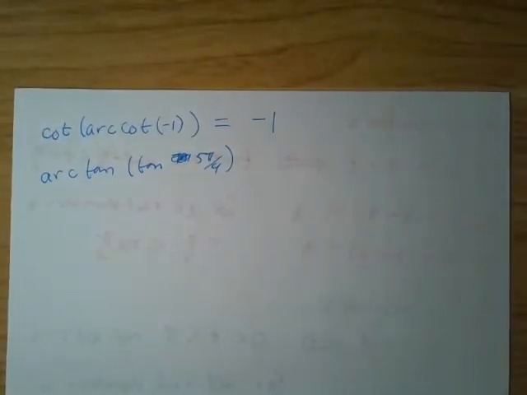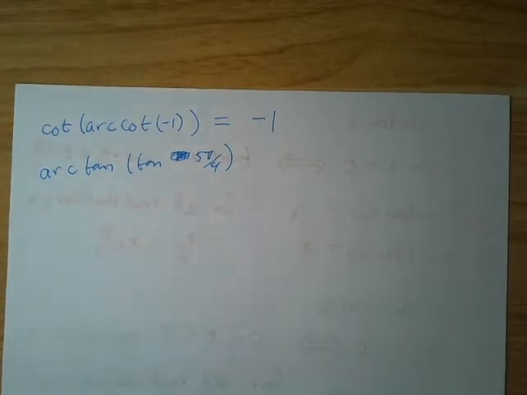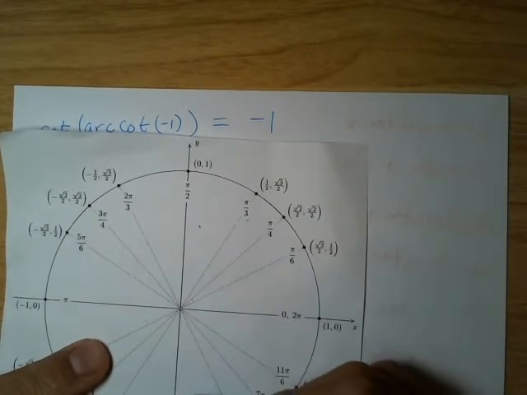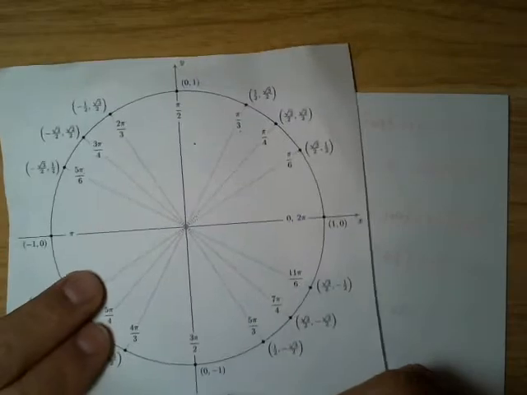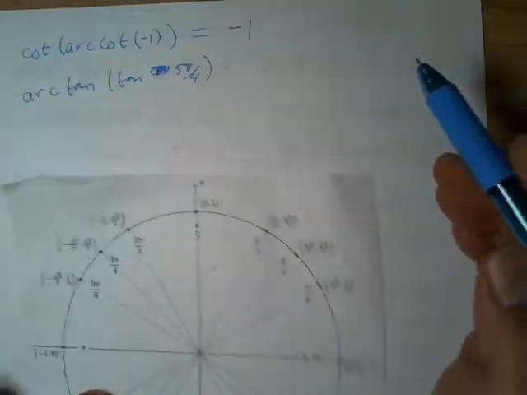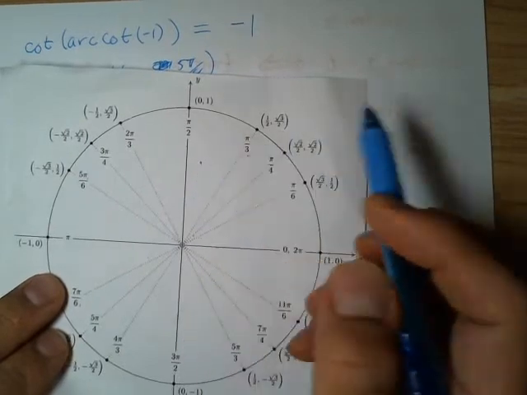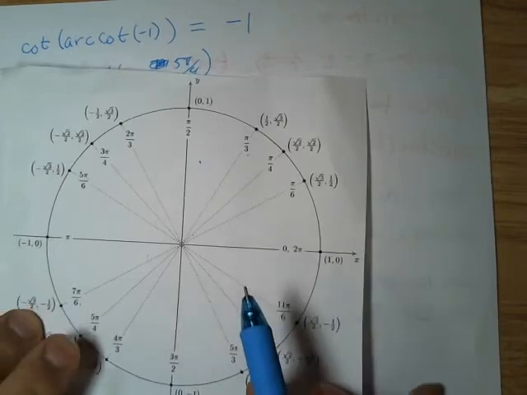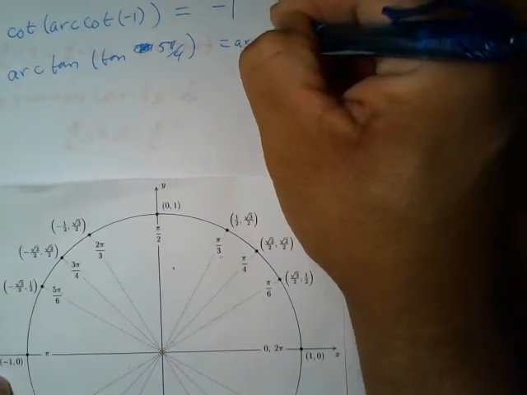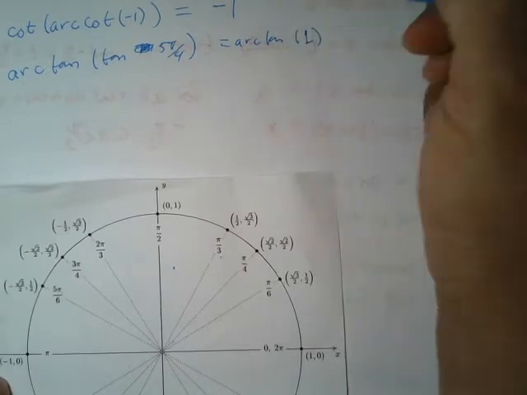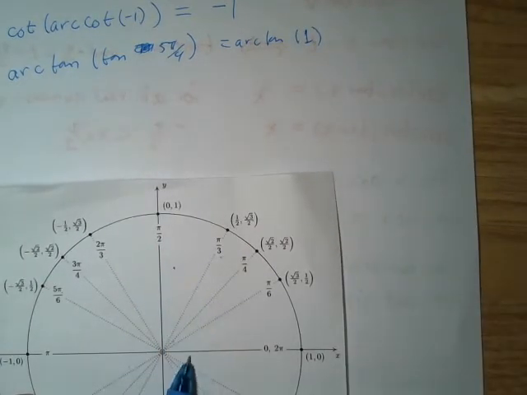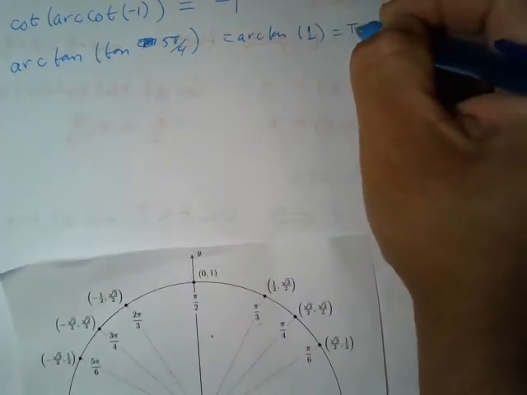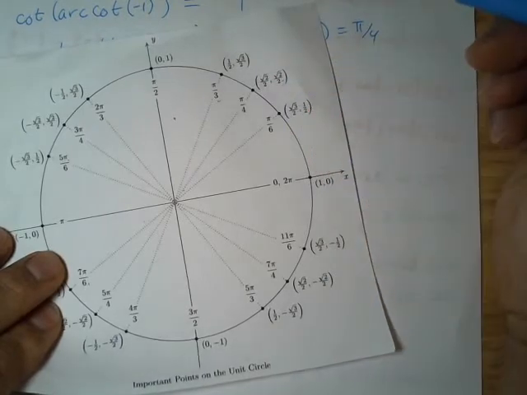Now again, this does not equal 5 pi over 4, the reason being that this angle has to be between pi over 2 and negative pi over 2. So what we can take is that this 5 pi over 4 is here, which gives me a positive 1. Essentially, what we're after is arc tangent of 1, the angle between quadrant 1 and quadrant 4 that gives me 1, and that value is in fact pi over 4. The ratio of those is 1.